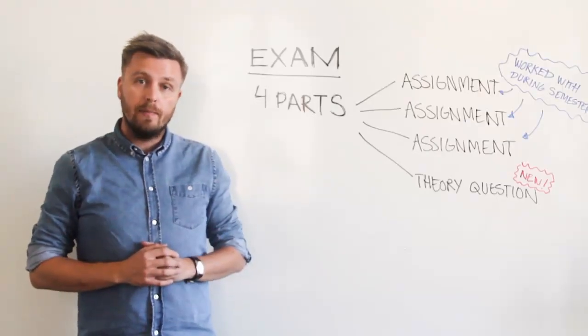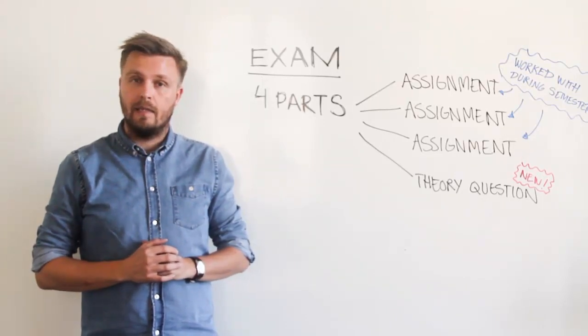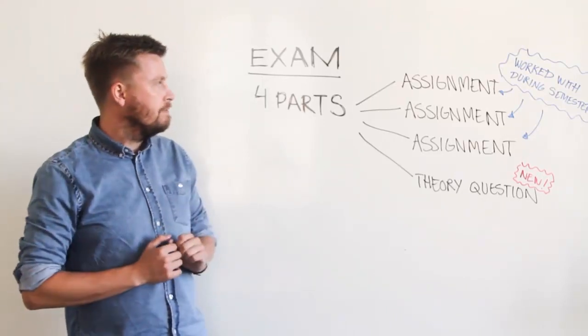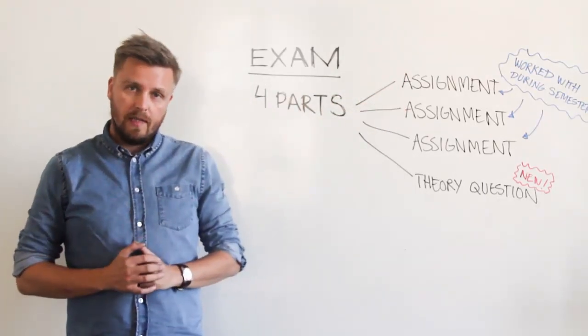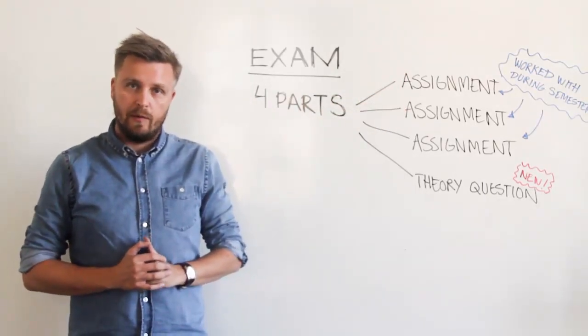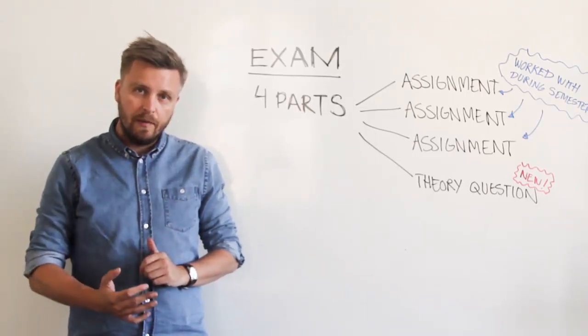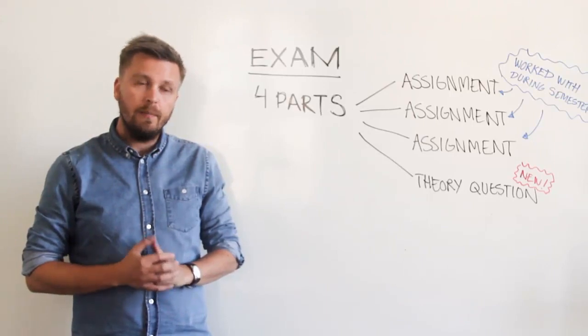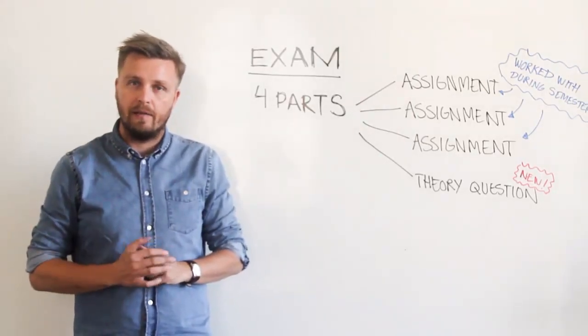The exam is a portfolio exam at the end of the semester. It's a written assignment with 4 parts. The first 3 are 3 of the 5 assignments that you have worked with during the semester. It means that you can use the peer feedback you received to improve your assignments before you hand them in as part of your portfolio exam at the end.